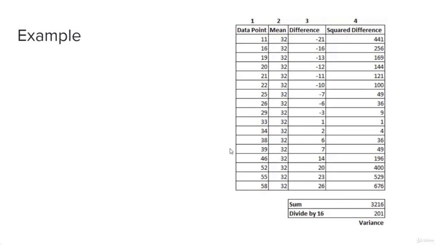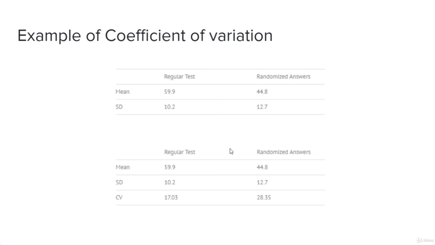This is how we calculate the squared difference and the variance. In the end, we divide by 16, which is the total number of values minus 1, and we get the variance. The coefficient of variation, as you saw before, gives us information relative to the mean. Imagine that you have two types of tests: the regular test and a different type of test. We calculate the mean and the standard deviation, and we need to understand that both of these tests have different means.